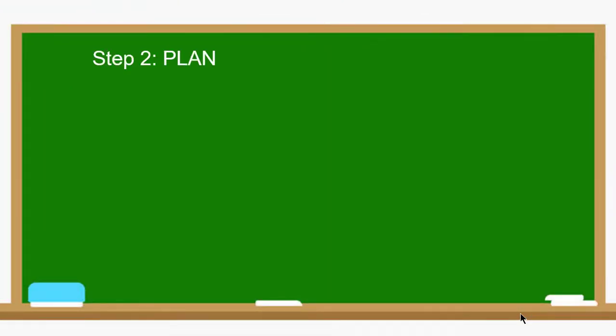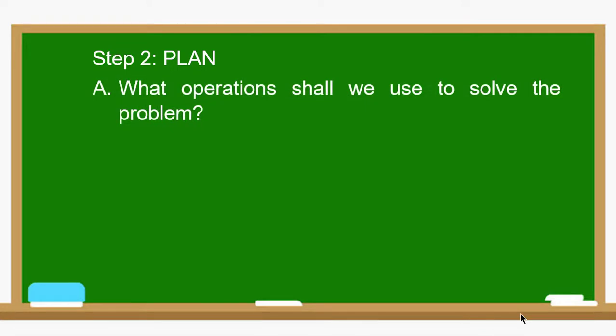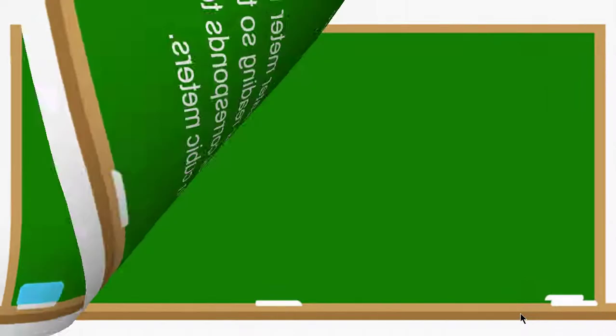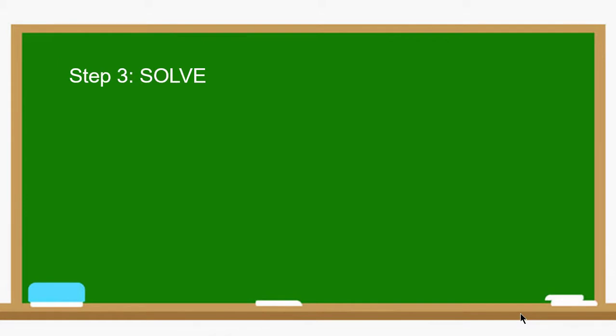Step 2. Plan. Letter A. What operation shall we use to solve the problem? Subtract previous water meter reading from present water meter reading so that you will get the difference that corresponds to the water consumption in cubic meters. Step 3.